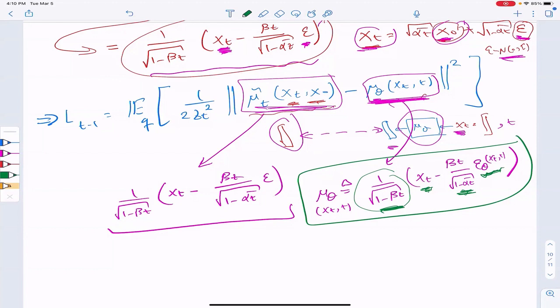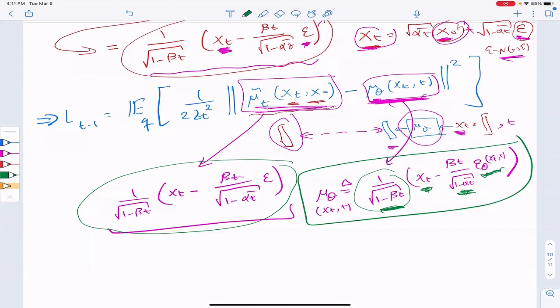Because I want it to look like something like this, right? That's the whole purpose. It's a cosmetic change. I'm just trying to have my mu theta look like, at least in form, mu tilde of theta.